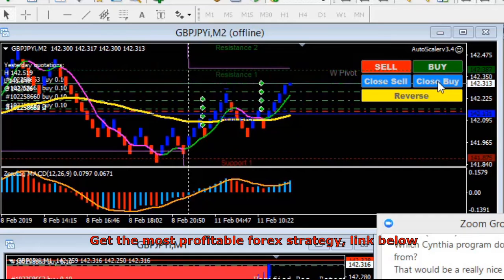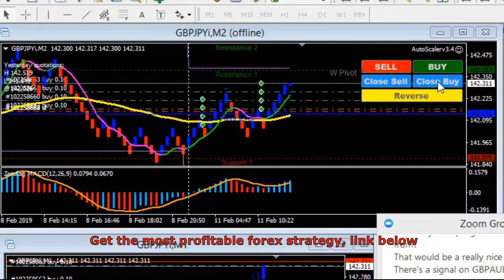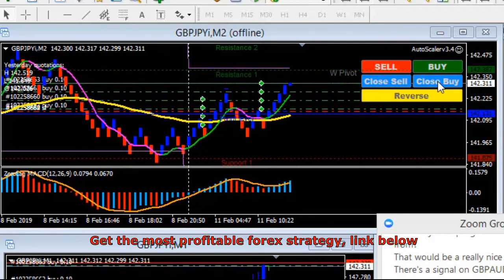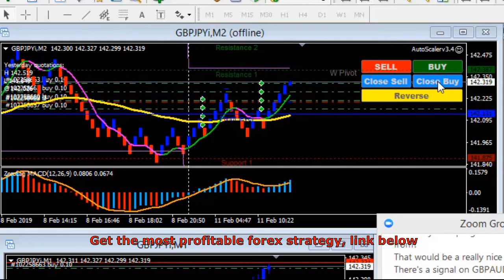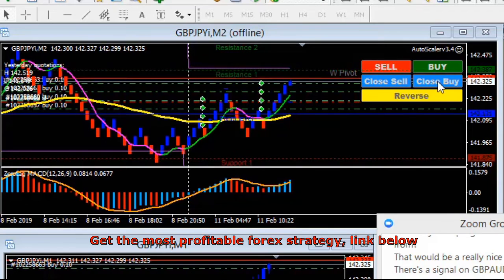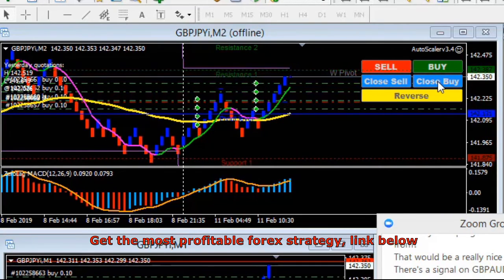Well, for better or worse, I am in all 4 trades now. This is essentially a 20 pip trade.